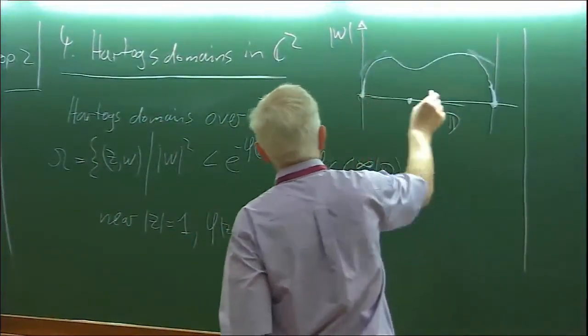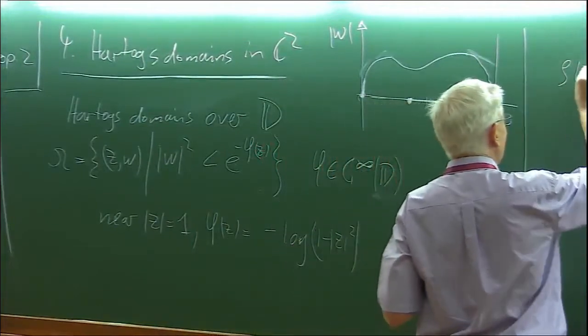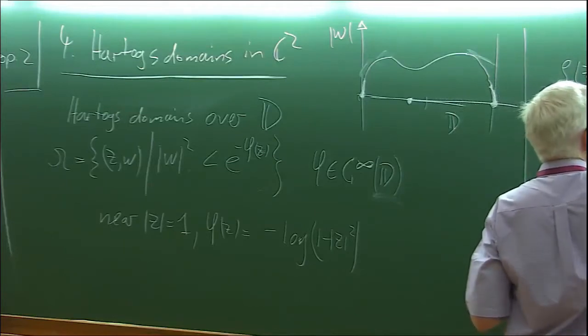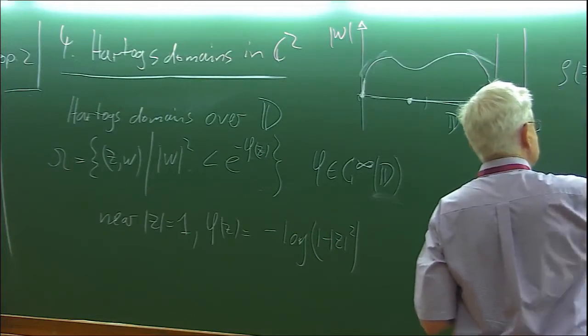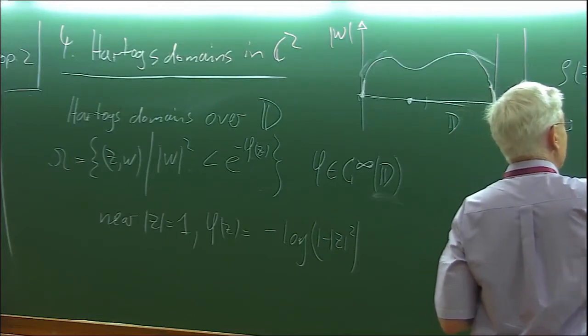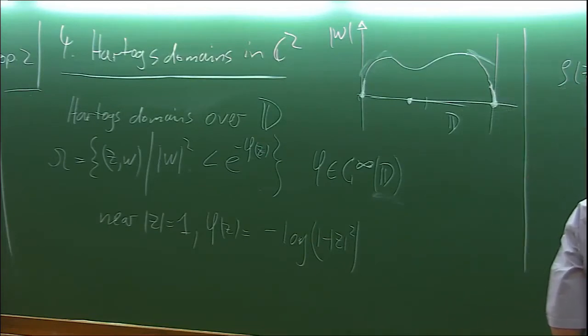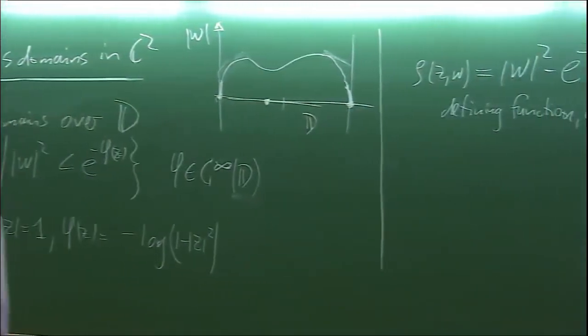But for points on the inside, I can take the following defining function. I can take rho of c and w equals mod w squared minus e to the minus phi of c. This will be a defining function, not globally, but over D. It's going to be smooth.